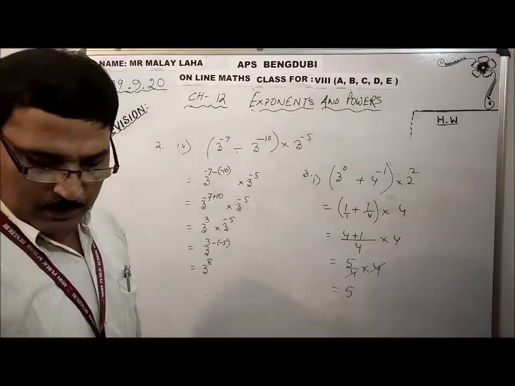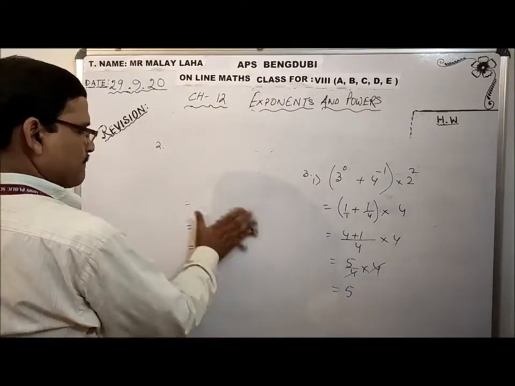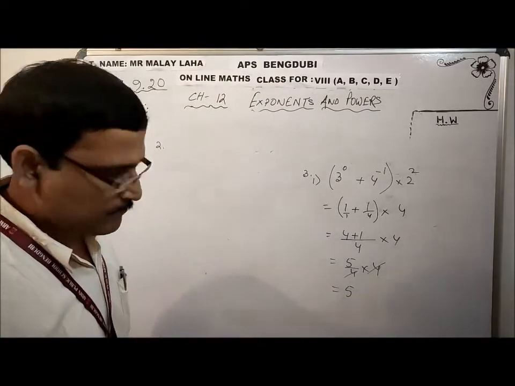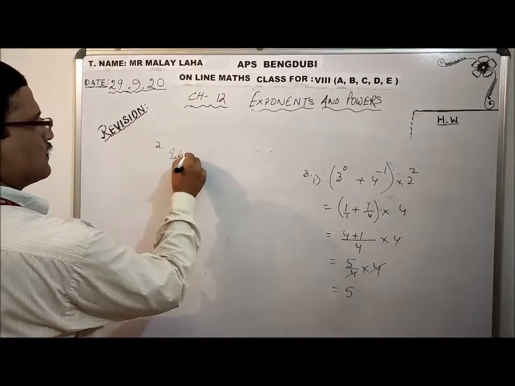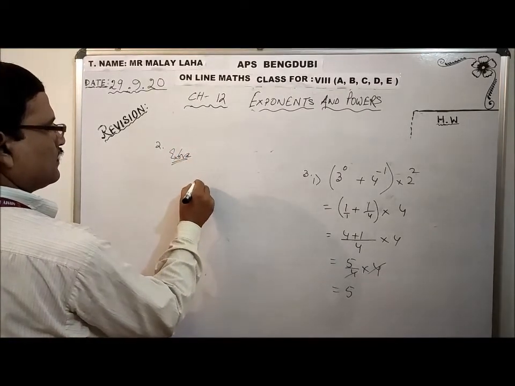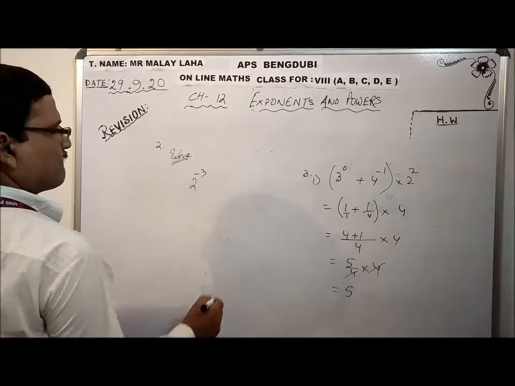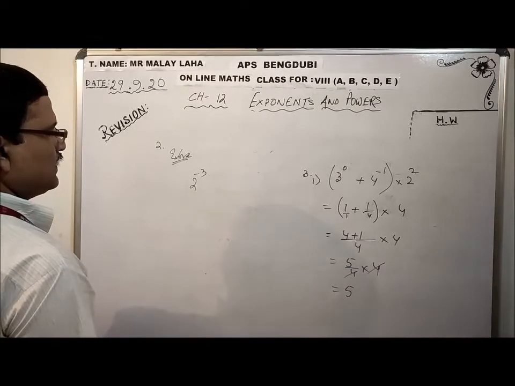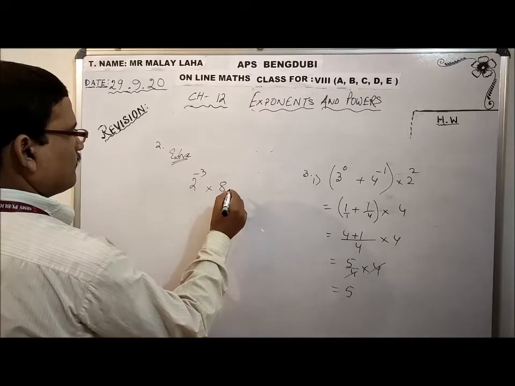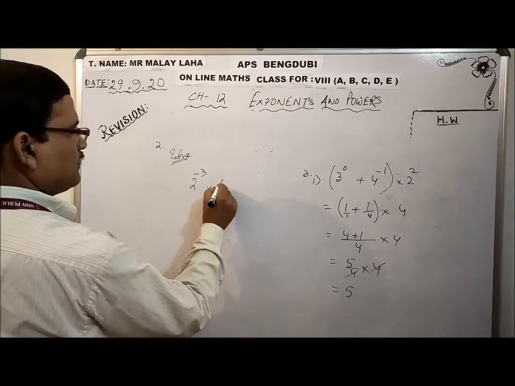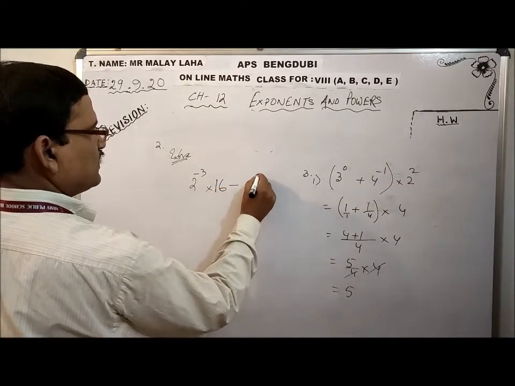Clear? Now I am giving one question, you will solve. Say, extra: 2 raised to minus 3 into 8, into 16, minus 5 raised to 0.